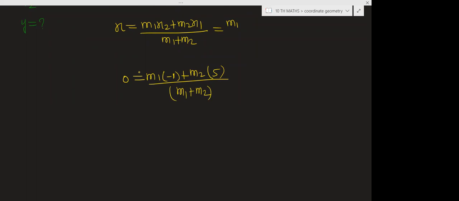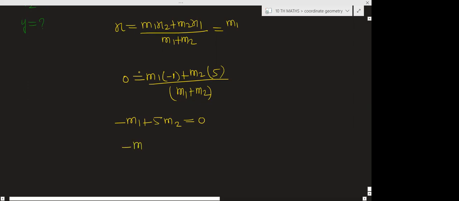Then you will get -m1. When you multiply this with -1, this will be -m1 + 5 m2 = 0, because this term will become 0. Then you will get m1 is equal to 5 m2, minus and minus cancel. So m1 by m2 you will get 5 divided by 1.